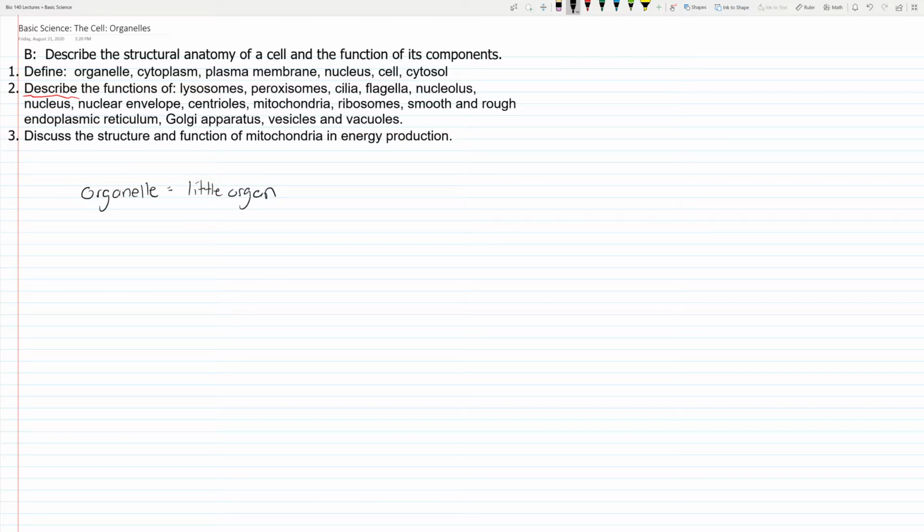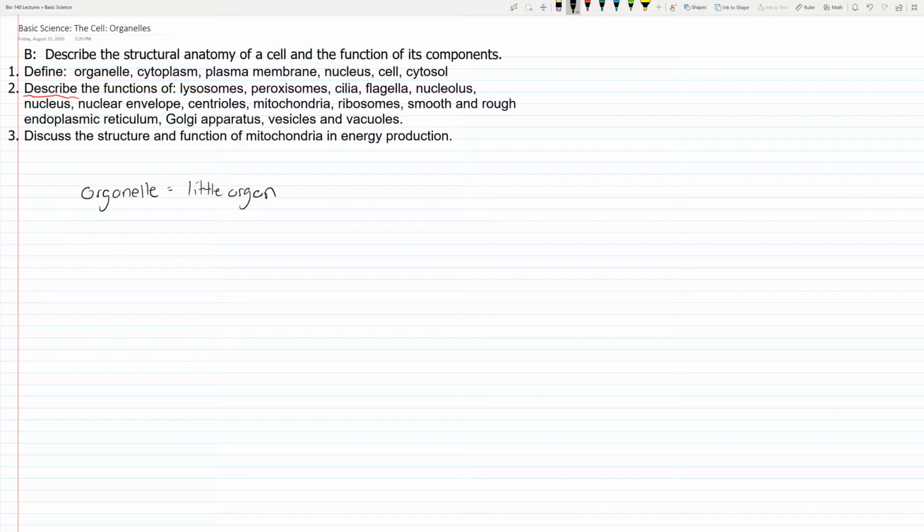Like in humans, in us, we have the gastrointestinal tract, and the job of the gastrointestinal tract is to break down food to the point that it can be absorbed and used by the body. Organelles are the same way. You have mitochondria, and it's the site of ATP production and aerobic respiration.